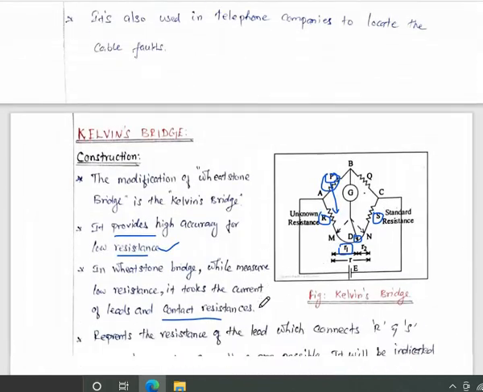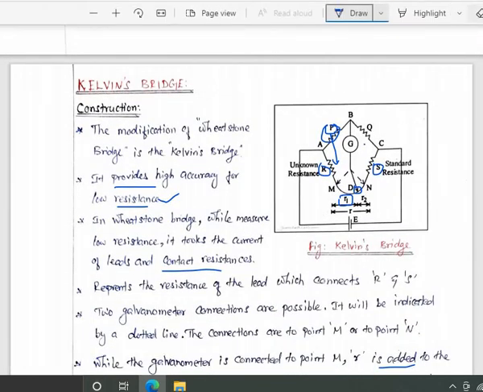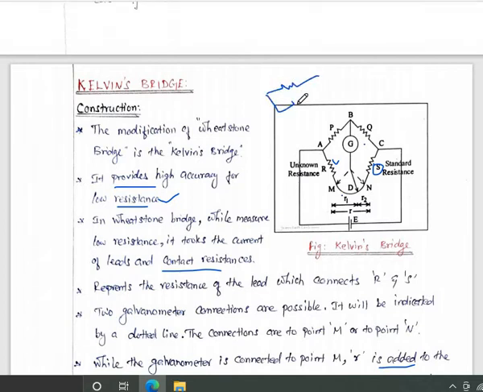Just we have to come to the diagram, and here you have to consider the P and Q resistance. Here P and Q are arranged in this form, and you can take the galvanometer here.